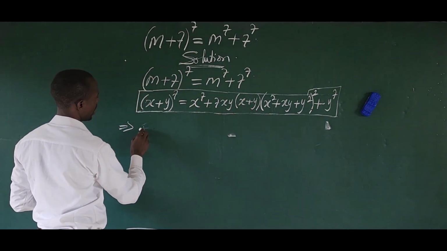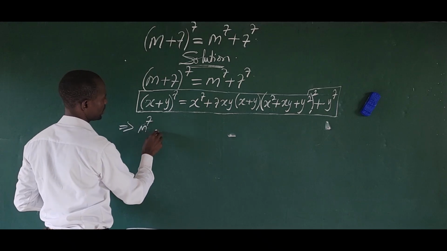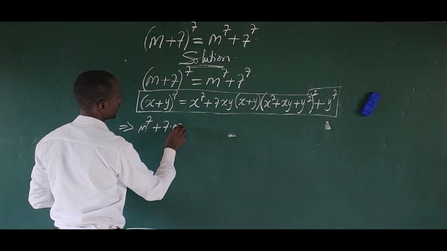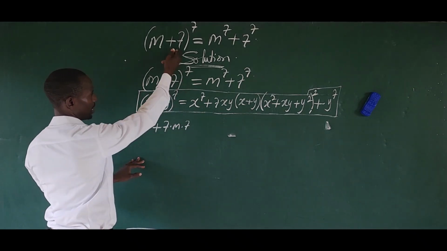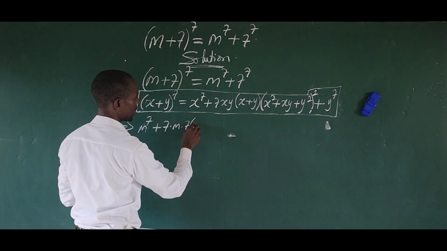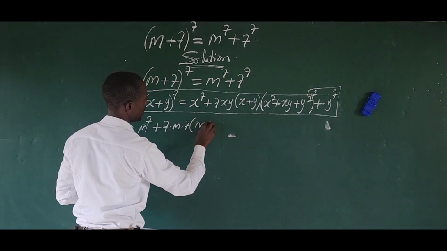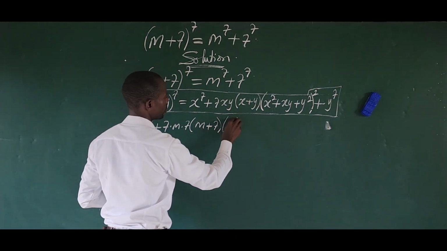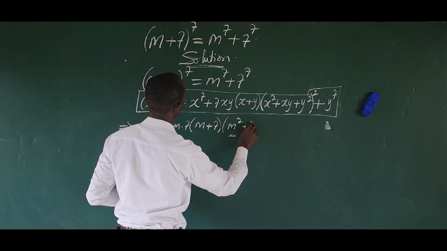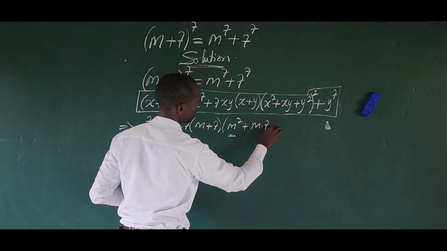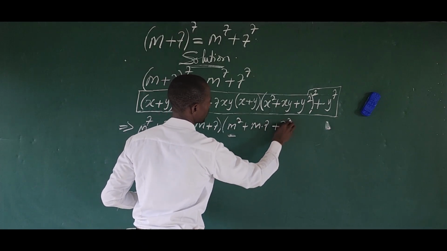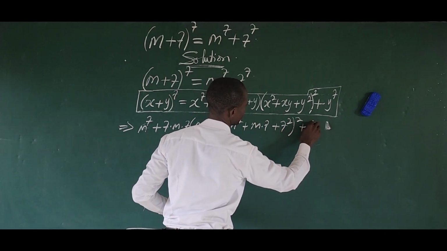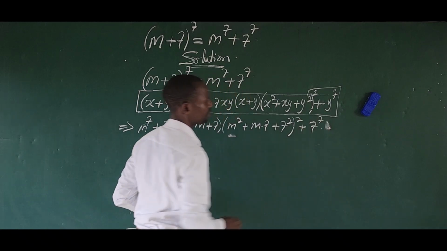So this is going to give us m to the power of 7, plus 7 times m times 7, because our y is 7, then (m plus 7), then (m squared plus m times 7, plus 7 squared) all squared, plus our y is 7, so we have 7 to the power of 7.